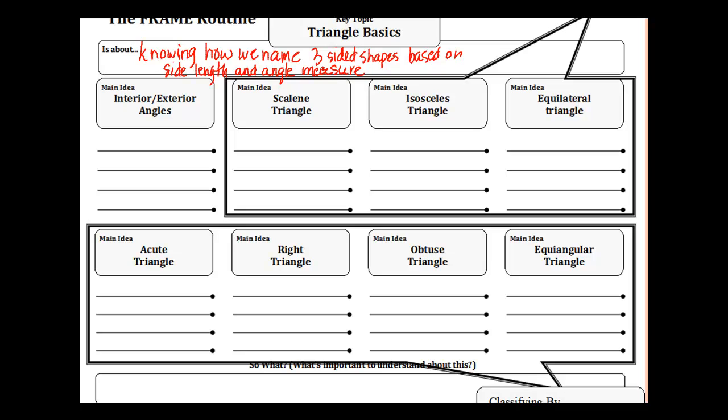So this is about knowing how we name three-sided shapes or triangles based on side length and angle measure.